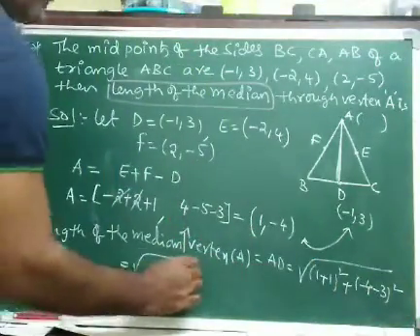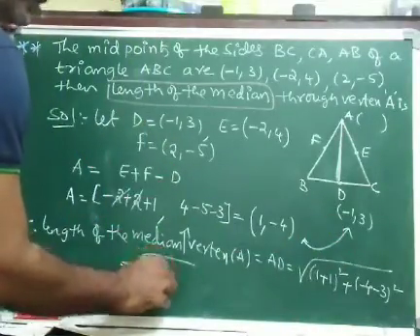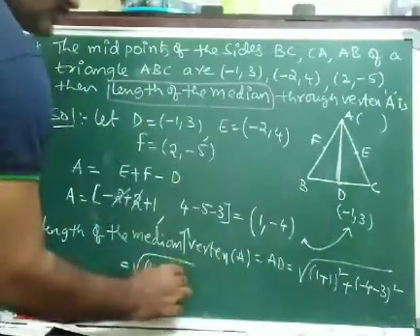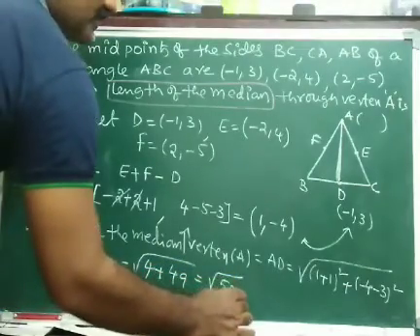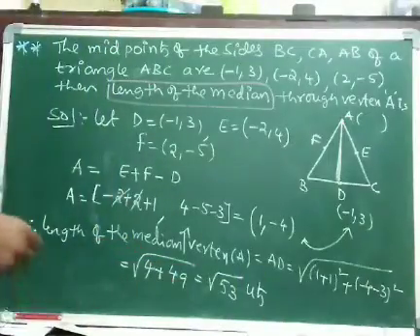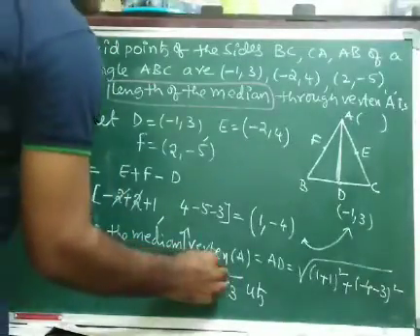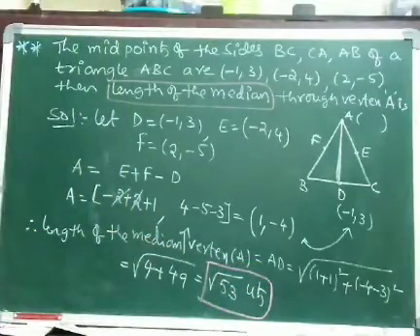This is the simplification. 1 plus 1 is 2, whole square, which is 4, plus minus 7 whole square, which is 49. So 49 plus 4 which is 53 units. Therefore the length of the median through vertex A is root 53.